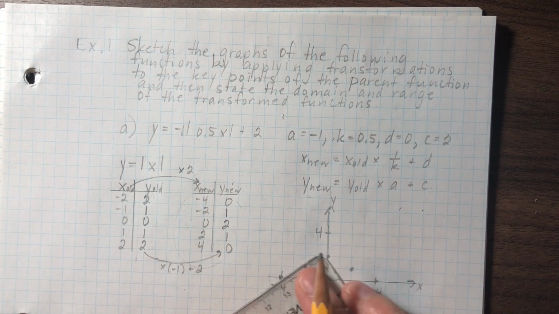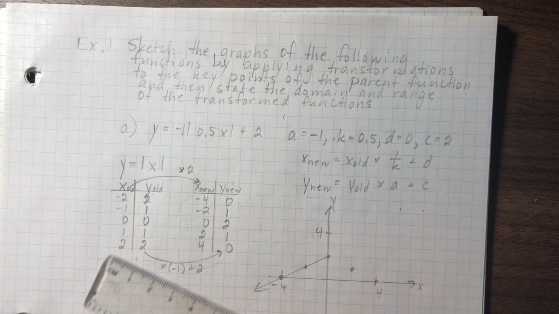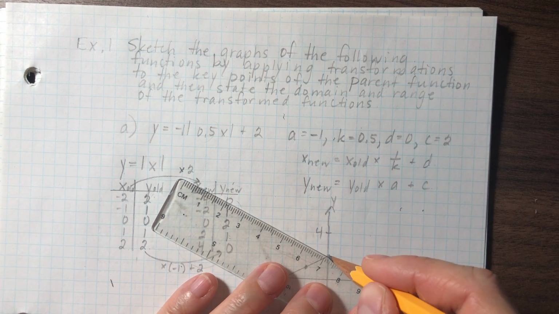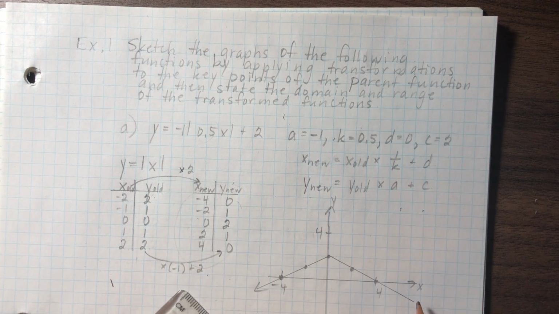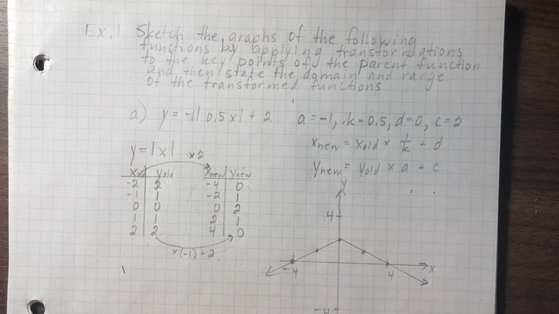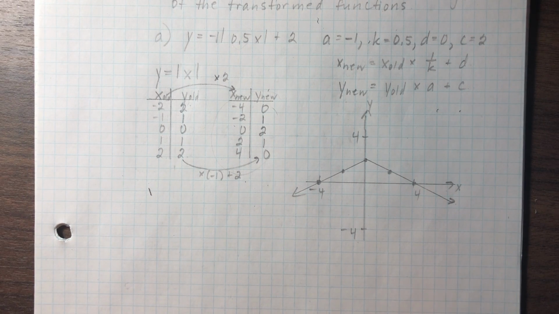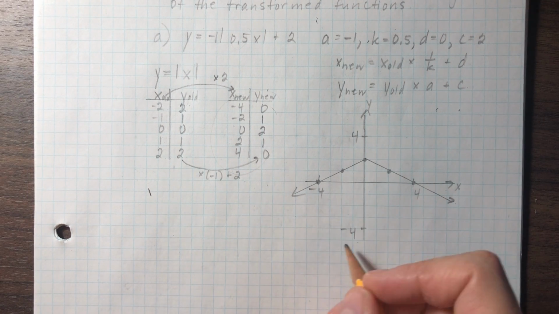I'm going to draw lines through my points. And this would be the function y equals negative absolute value of 0.5x plus 2. Okay? And now I can state the domain and range.